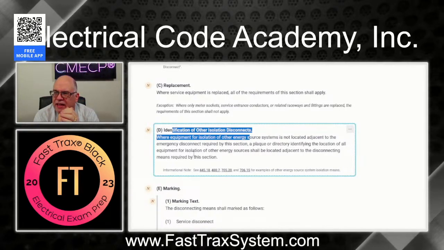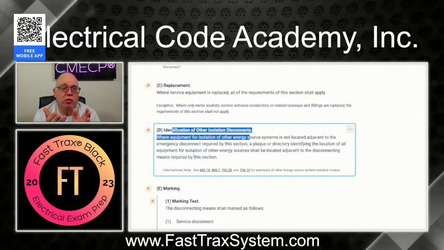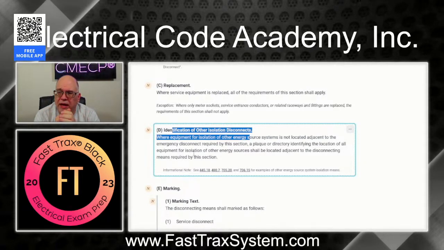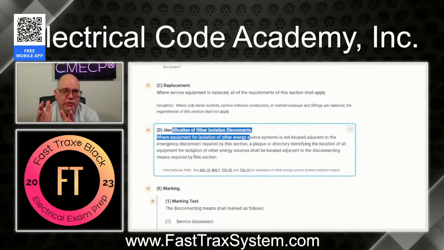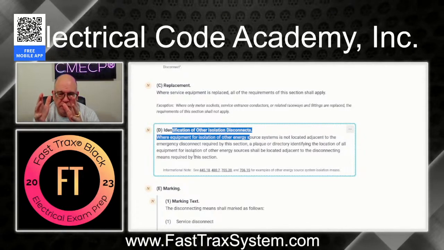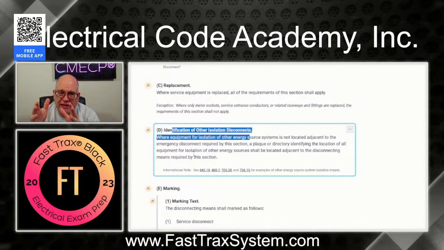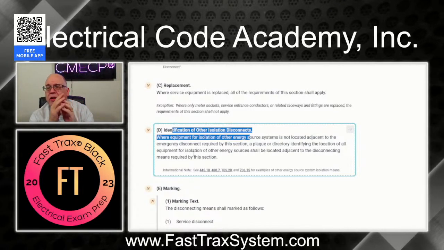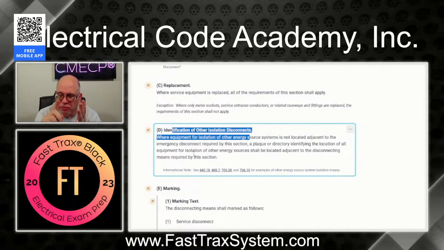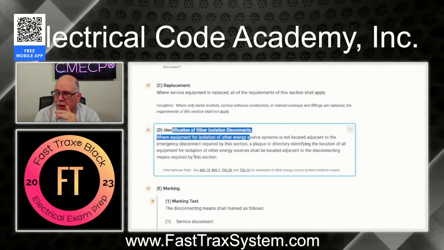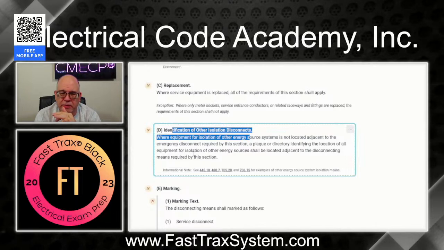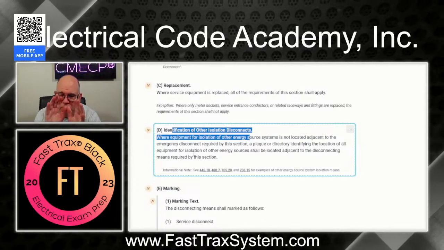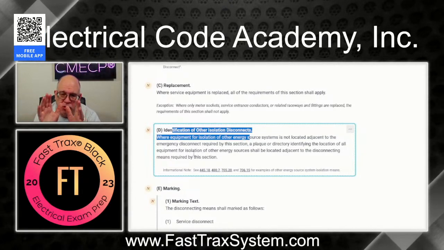So if that's the case and it's another power source, then you have to have a placard or a directory letting the first responders know right here at the emergency disconnect where those other disconnects are located. Okay, makes sense? So that's a placard. It's got to withstand the elements, if it's raining or whatnot. So the first responders know where to go.